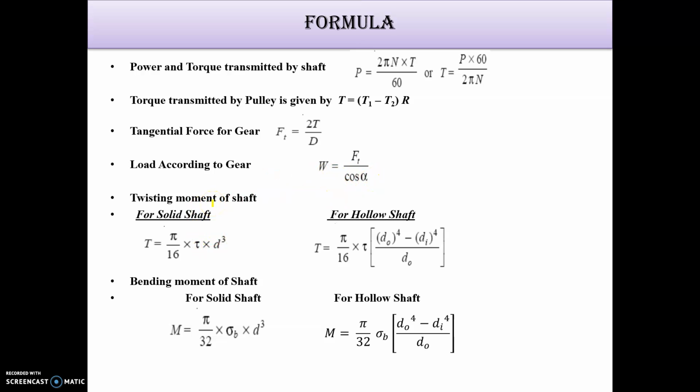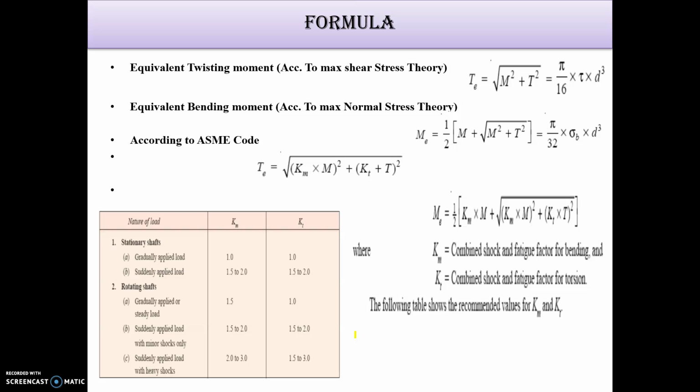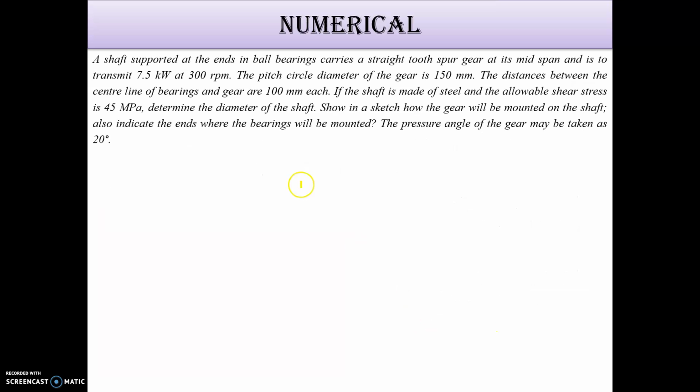This is the twisting moment of shaft for solid shaft, for hollow shaft, and for bending moment also. In the same way, equivalent twisting moment, then equivalent bending moment. According to the ASME code, Km, Kt and all these things I have put here. You can do it in the same manner so that you will be able to solve any type of numerical very easily.